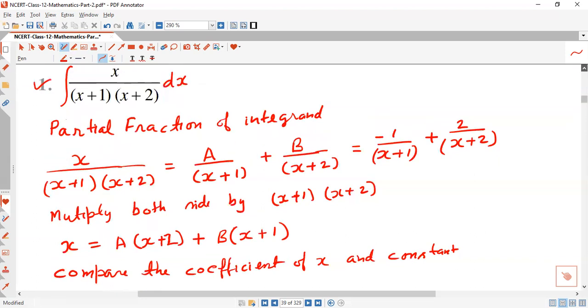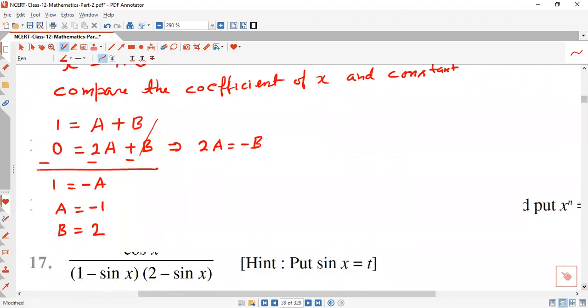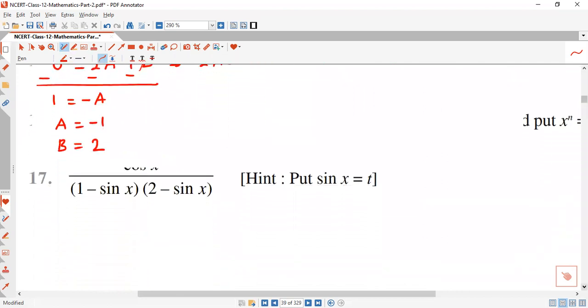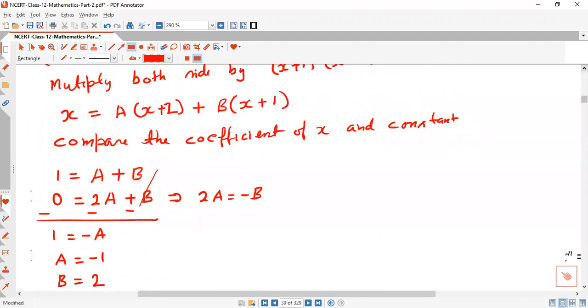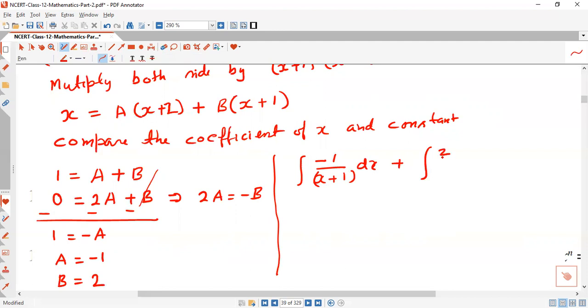After this partial fraction, the integration is divided into two parts: the integral of minus 1 upon x plus 1 dx, plus the integral of 2 upon x plus 2 dx.